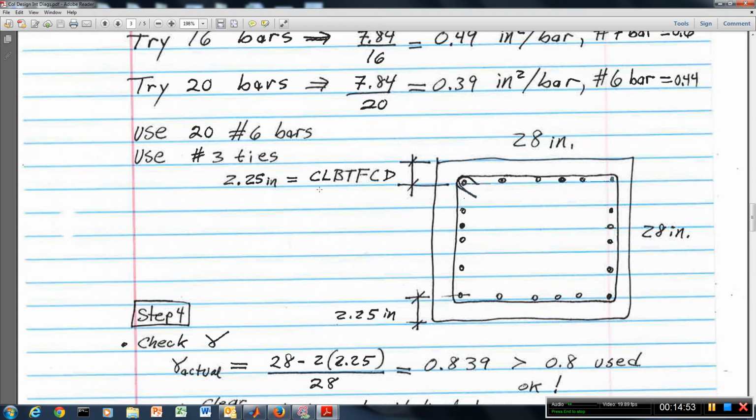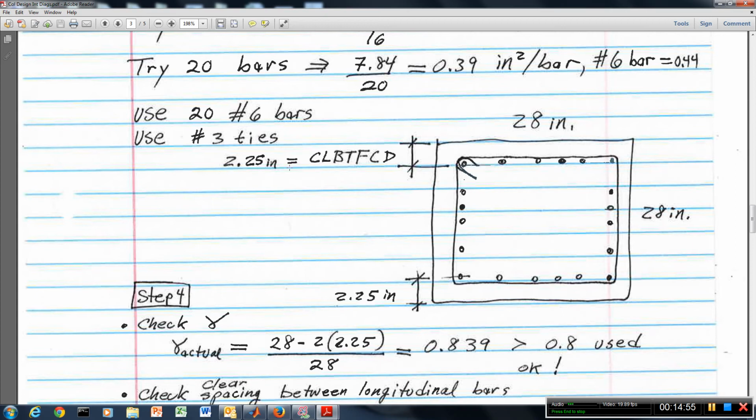Then we can go to the table that I gave you previously for the values of CLBTFCD. For this column with number 6 bars for a column inside a building, we find that this quantity, which is the distance from the center of the bar to the face of concrete, has an appropriate value to satisfy clear cover requirements of 2.25.